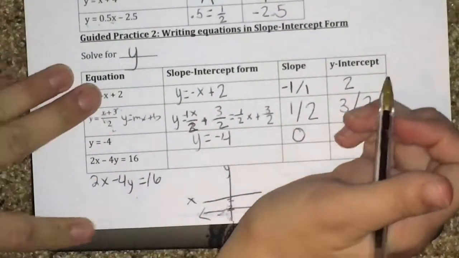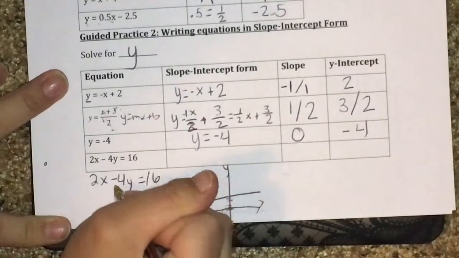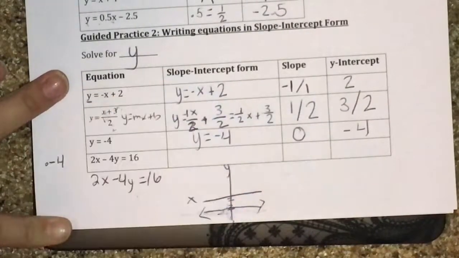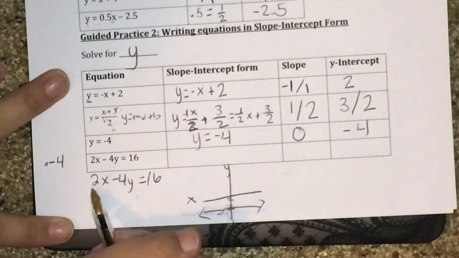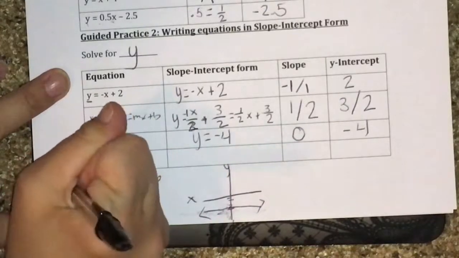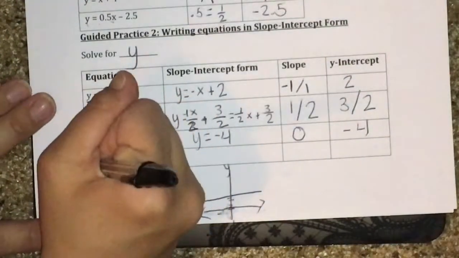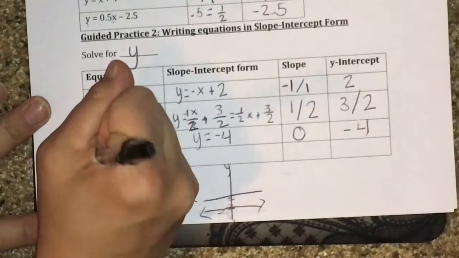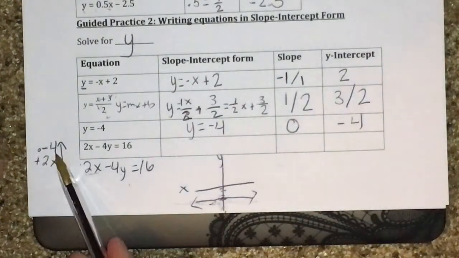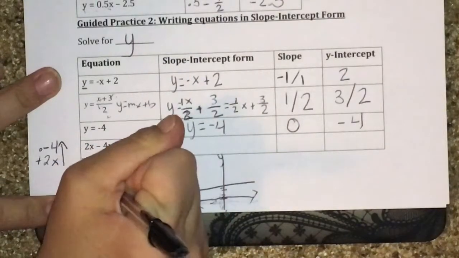Well, order of operations would tell me that y is being multiplied by not just 4, but -4. Then it would tell me that I'm adding, because my 2x is positive, 2x. Remember, when we're solving for a given variable, we need to do the reverse opposite. So instead of adding 2x, I am going to subtract 2x from both sides.